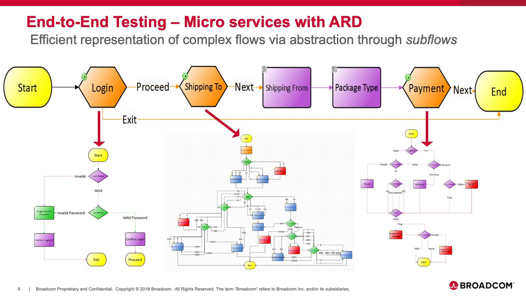Apart from that, there are other scenarios where ARD fits into the picture. ARD is a model-based testing tool, and it is a tool to generate tests based on your requirements. So there is one aspect of model-based, and another aspect of generating based on your requirements. That is where ARD solves a lot of problems you might face in future.